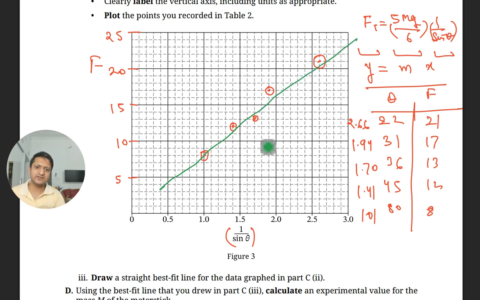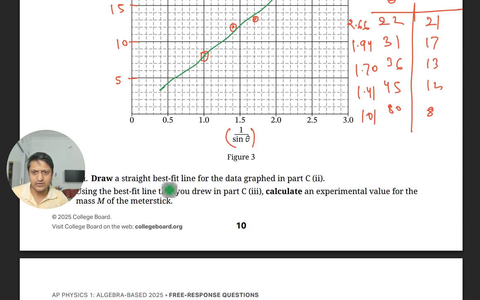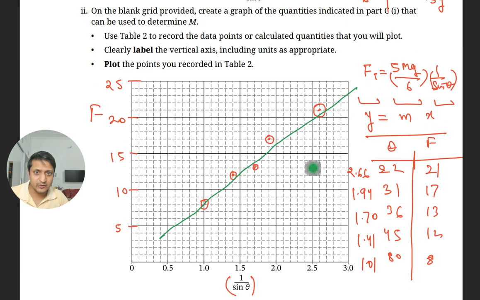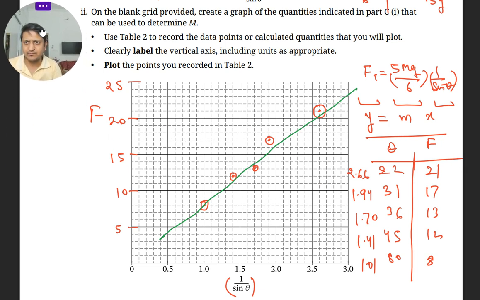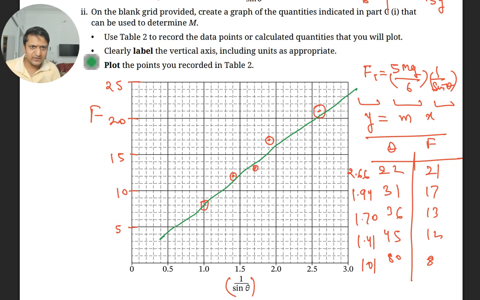So this will be the straight best-fit line that we need to draw. Draw a straight best-fit line for the data graph. Using the best-fit line, calculate the experimental value of M. Now we need to calculate the value of M. To do that, first of all, calculate the slope.